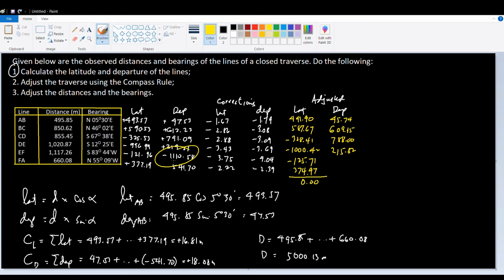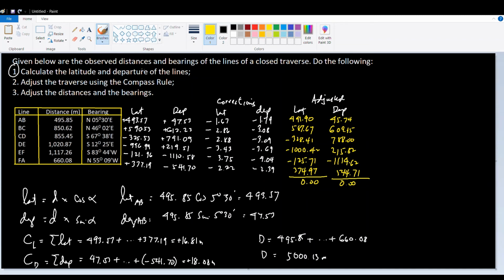Negative 1110.58 minus 4.04 is negative 1114.62. Finally, negative 541.70 minus 2.39 is negative 544.09. Okay, again, you can check that and the sum should be equal to 0.